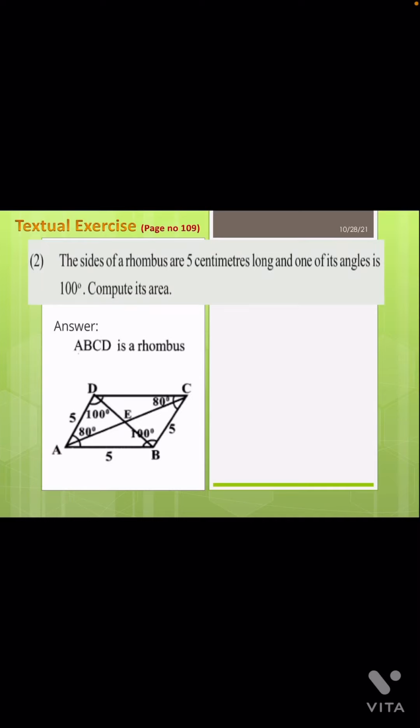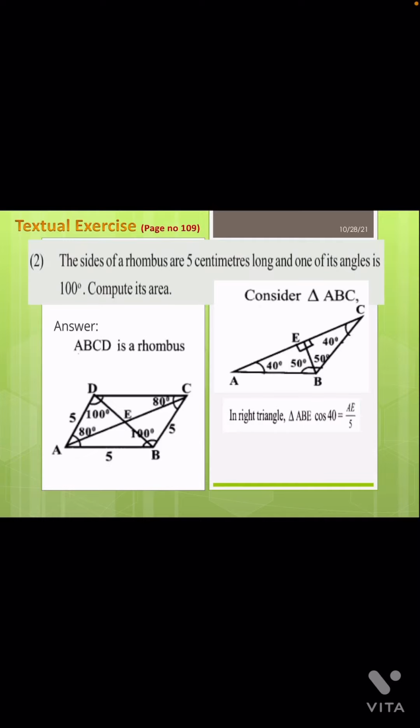From the rhombus, consider the triangle ABC. In the right triangle ABE, cos 40 will be AE divided by 5. So, AE will be 5 into cos 40, which is equal to 5 into 0.766. The answer will be 3.83 centimeter.